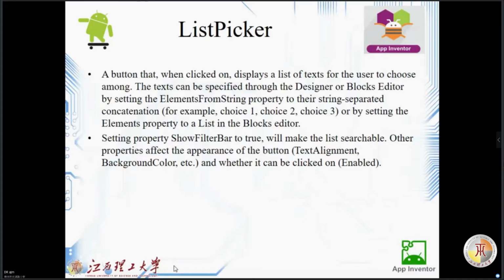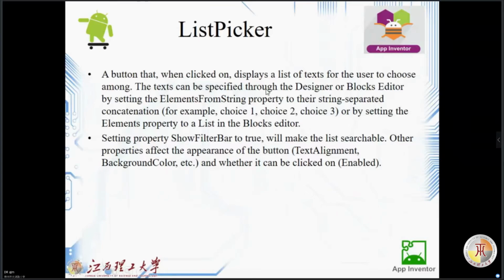The text can be specified through the designer or block editor by setting the ElementsFromString property, for example, choose one, choose two, choose three, or by setting the Elements property to a list in the blocks editor. Setting the ShowFilterBar property to true will make the list searchable. Other properties affect the appearance of the button's background and whether it can be clicked on, meaning enabled or not.